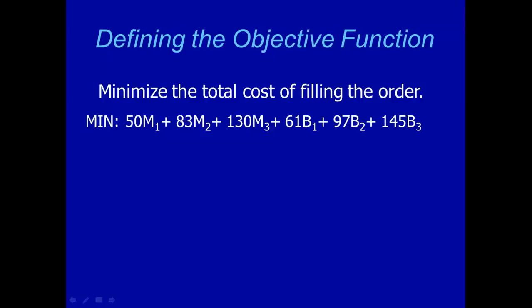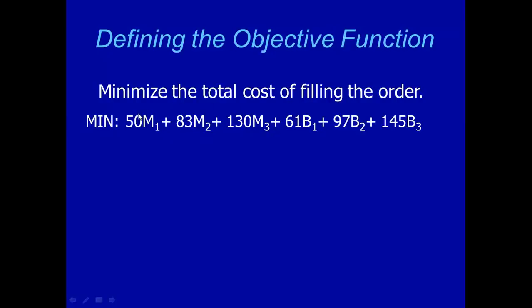In this case, we are going to minimize the total cost of filling this order. And we know it costs us $50 to make 1 Model 1 ring, and it costs us $61 to buy 1 Model 1 ring, and so on and so forth. So the total cost, or our objective function, is 50M1 plus 83M2 plus 130M3.